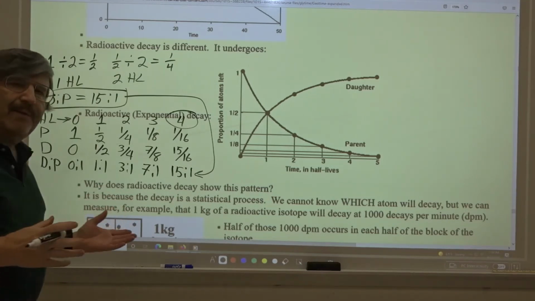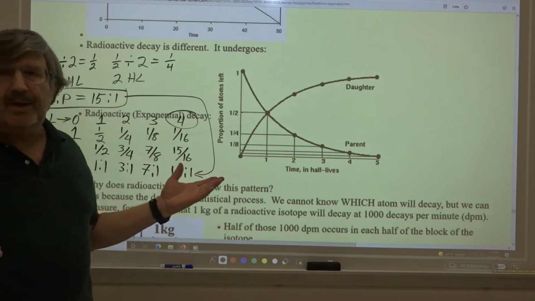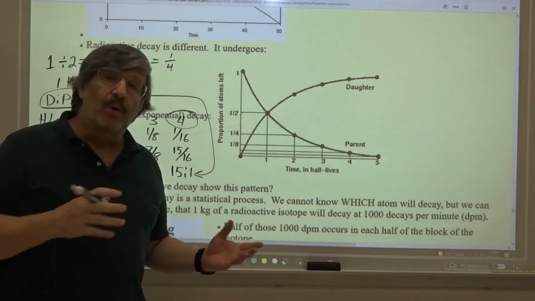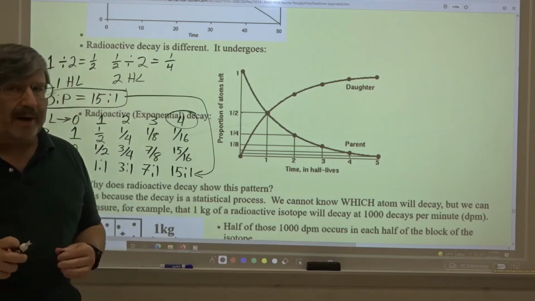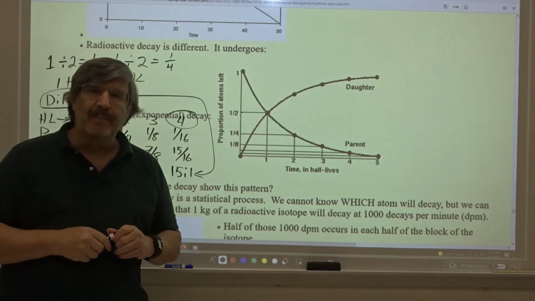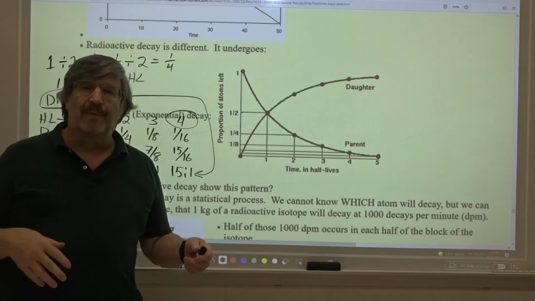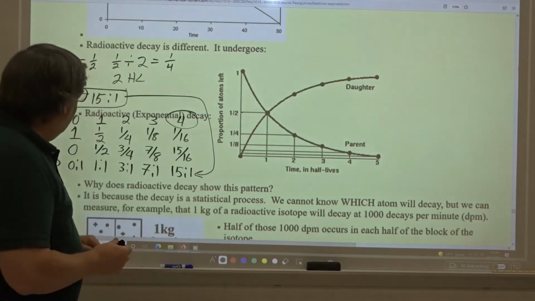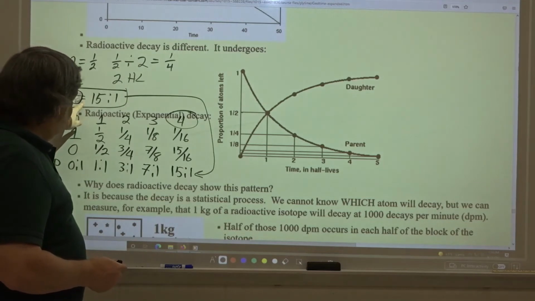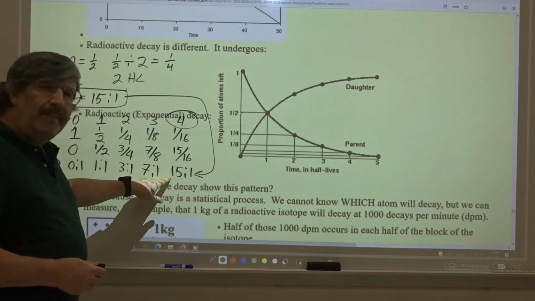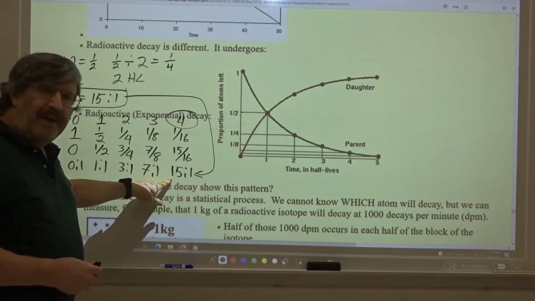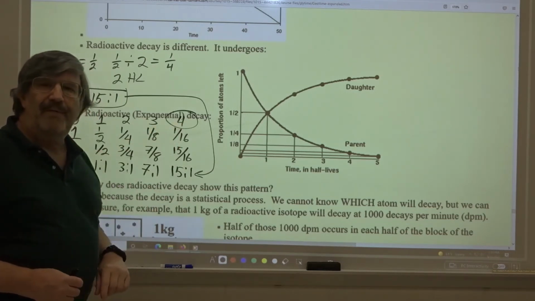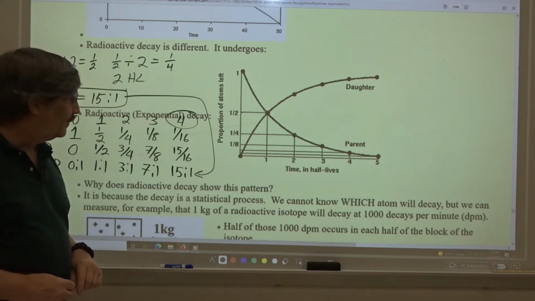If the half-life of this particular isotope was, just for the sake of argument, 10 million years, how old is this sample? Well, it's gone through 4 half-lives. Each half-life is 10 million years, so 4 times 10, obviously 40 million years old. And if you have a daughter to parent ratio of 15 to 1, and a half-life of 10 million years, then you have a 40 million year old sample.